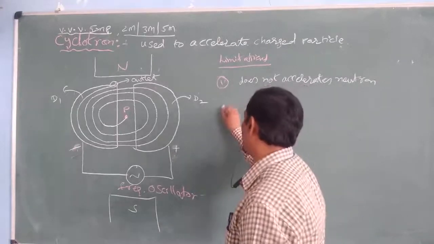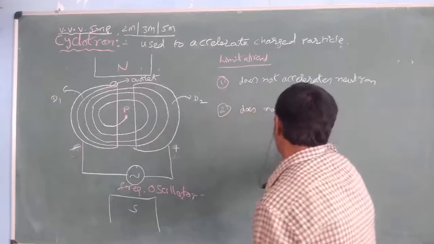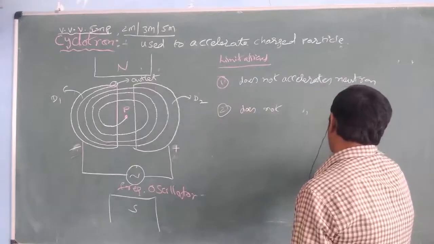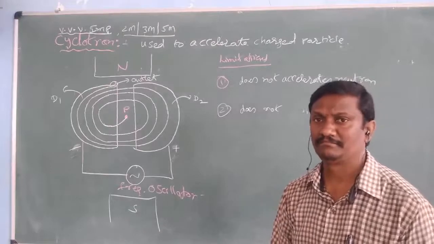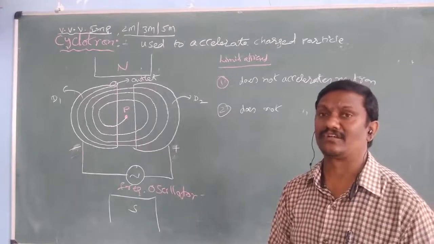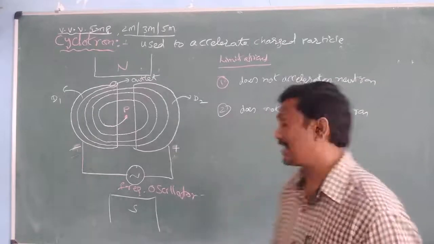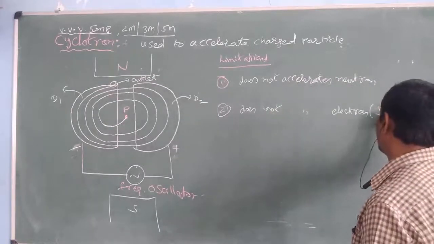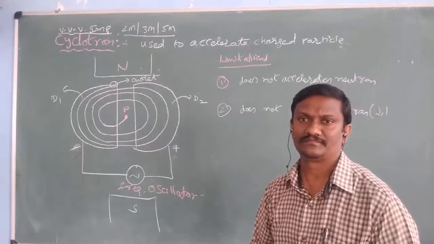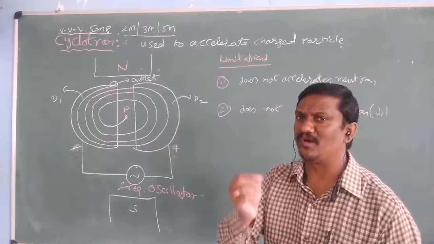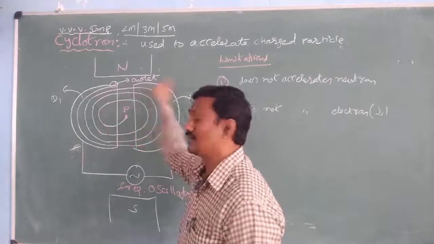Next, one more important point: the cyclotron also does not accelerate an electron. The electron has a negative charge, but the cyclotron does not accelerate it, because the electron is a very light particle, the least massive one. By gaining a small amount of energy, the electron immediately comes out of the cyclotron.